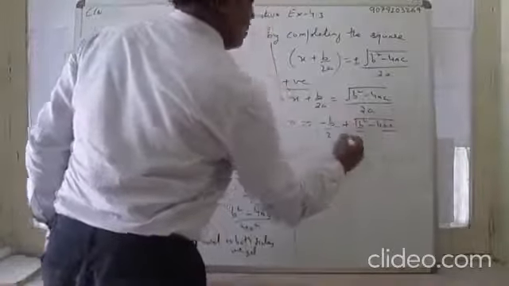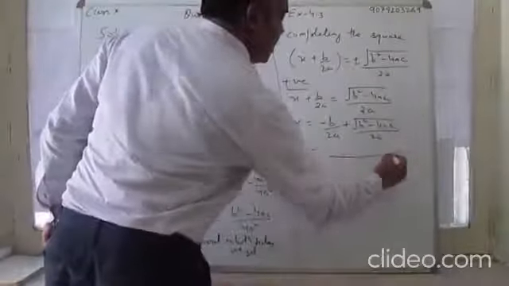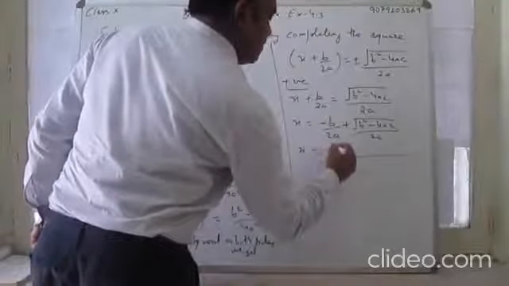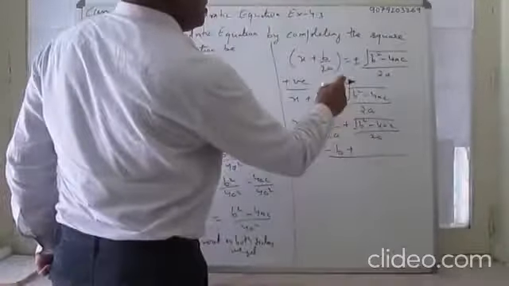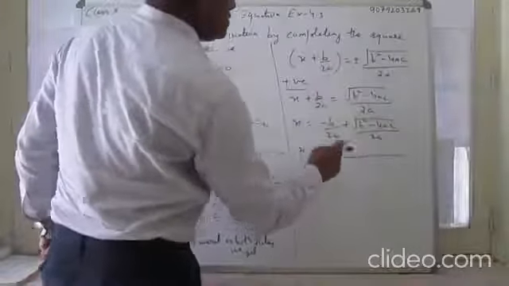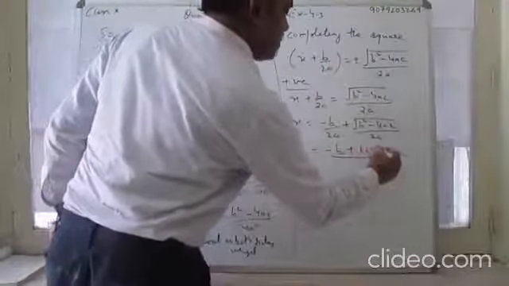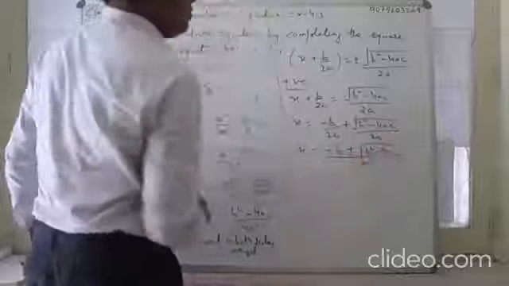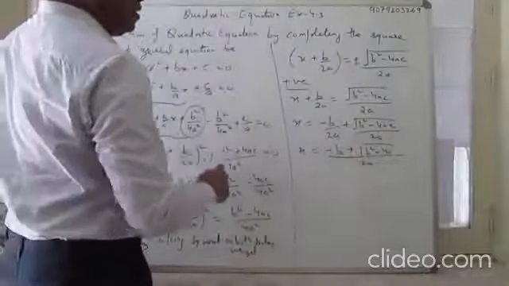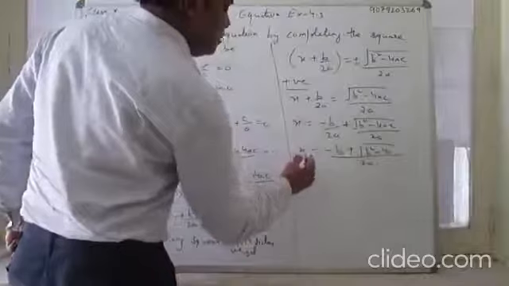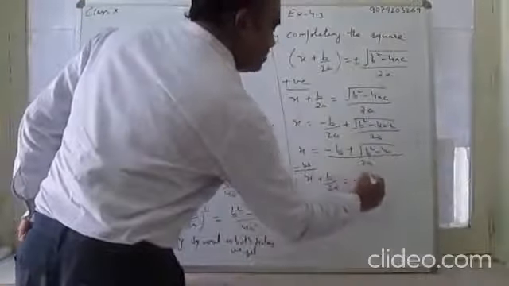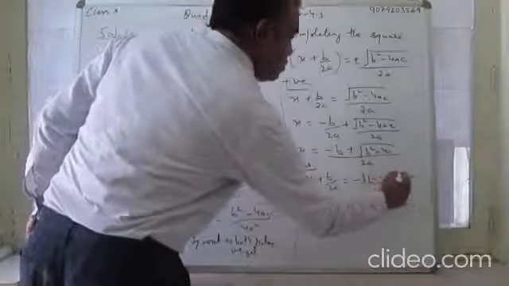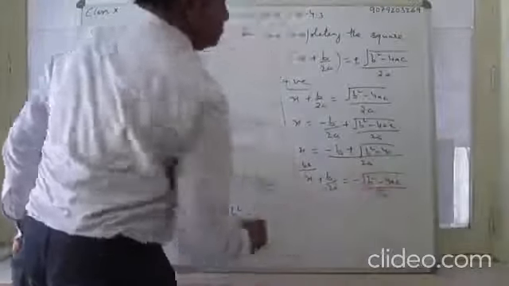Take LCM, so x is equal to minus b plus minus under root b square minus 4ac upon 2a. If I take plus, it is plus under root b square minus 4ac upon 2a when I take positive value. Now I will take negative value, x plus b upon 2a is minus under root b square minus 4ac upon 2a.